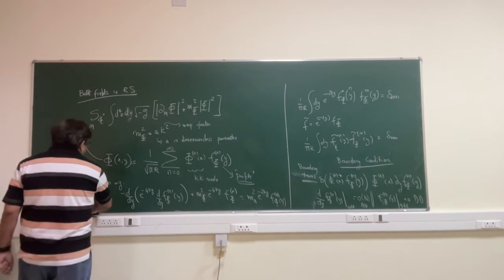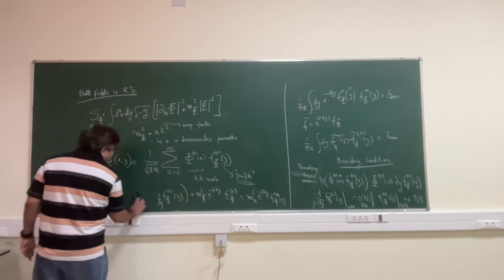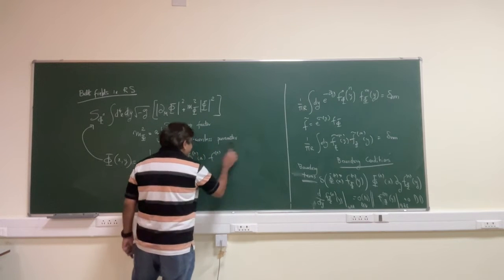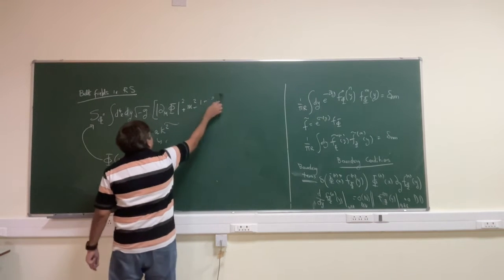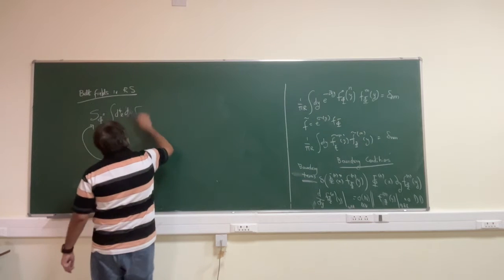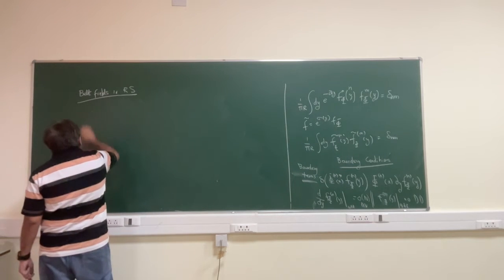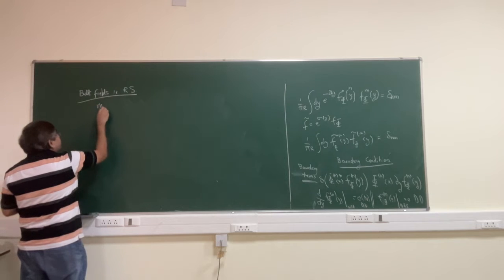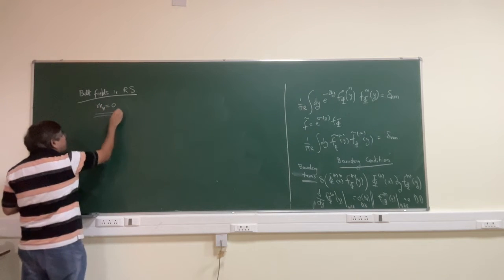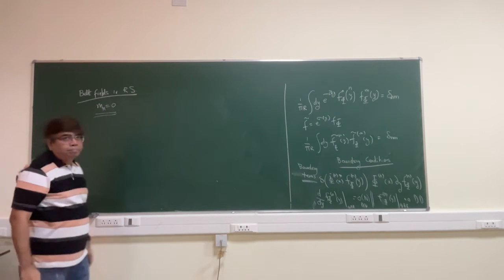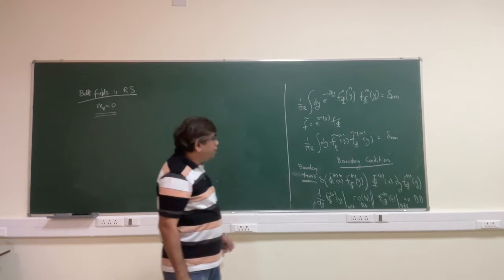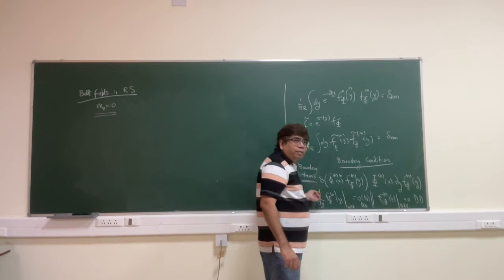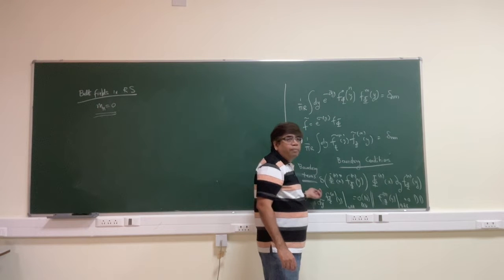What you end up with after doing all that, the first thing we need, is what we call the zero mode. But there is a problem with the zero mode. Here I am assuming that the boundary terms vanish. If I assume the boundary terms vanish, I won't have a proper zero mode.